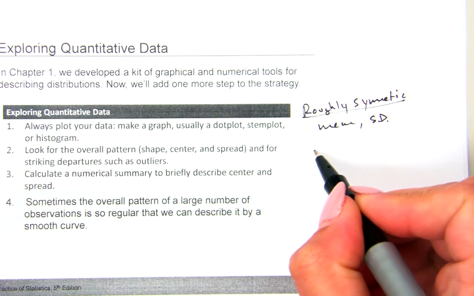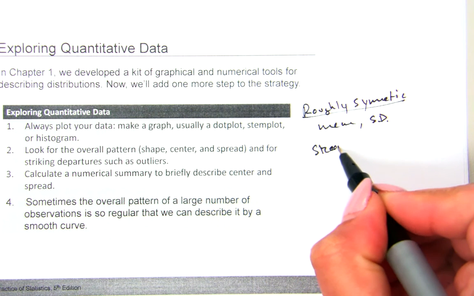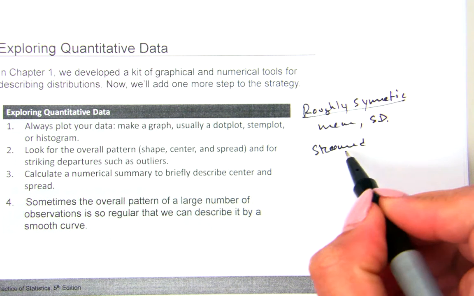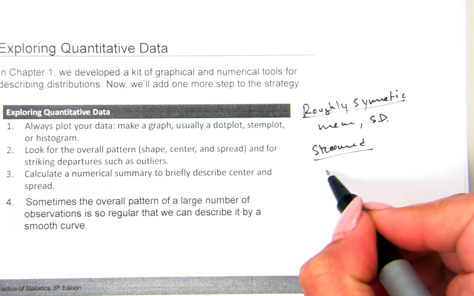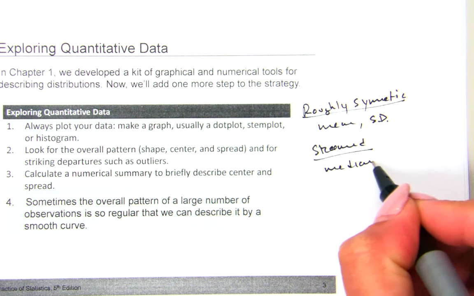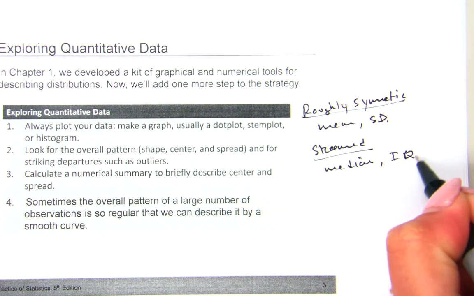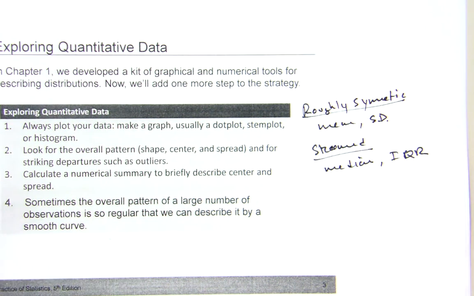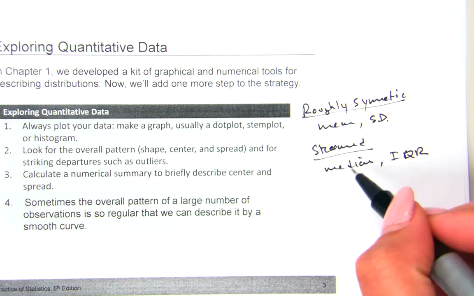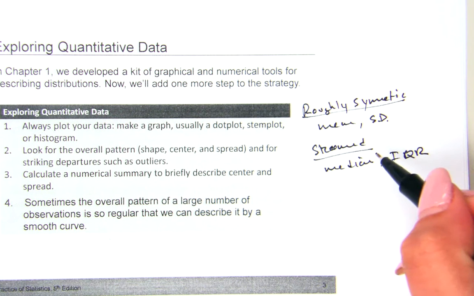If it's skewed, it doesn't matter which skewed it is, right or left, you're going to use the median and the IQR to figure out your center and your spread. Okay, calculate a numerical summary to briefly describe the center and the spread. So center and spread, depending on what your graph looks like.